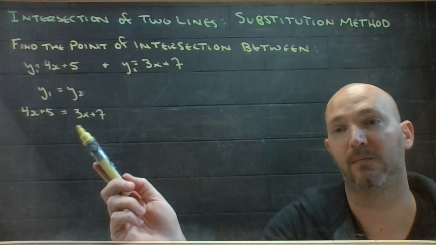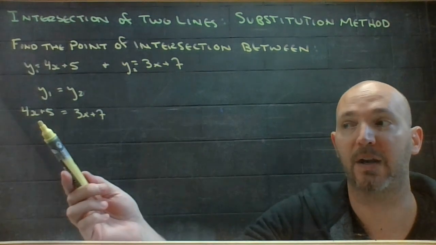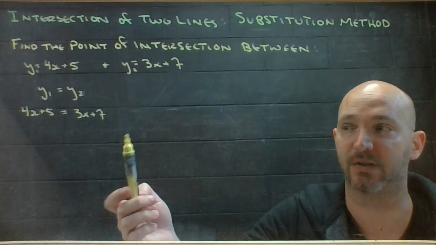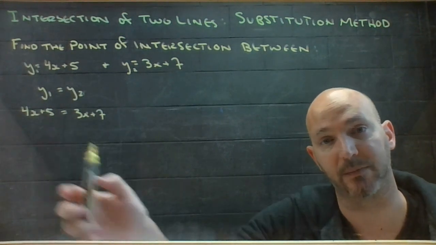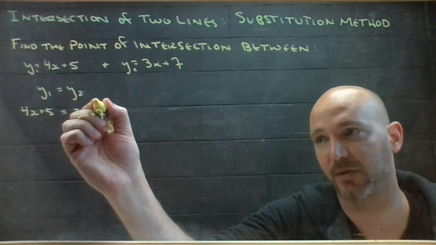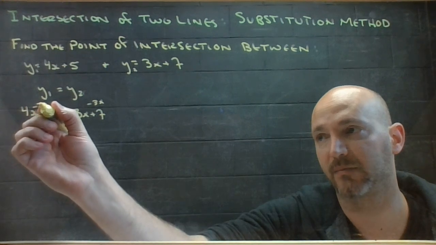Now, from previous courses, if you have x's on one side of the equation and x's on the other side of the equation, you need to get them together. So I'm going to get this over here by subtracting 3x from both sides.